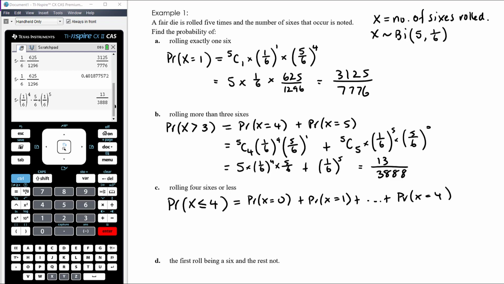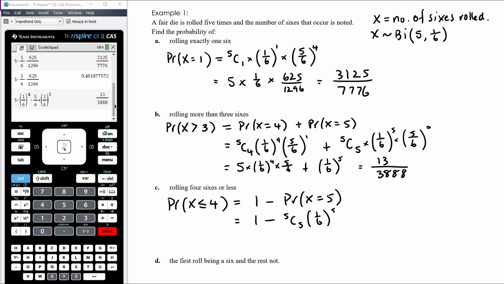So the quicker way to think about this is, if we want to roll 4 or fewer sixes, that's the same as calculating 1 minus the probability that I roll 5 sixes. Okay, so thinking about how you can use the complement to enable you to use a simpler calculation. So it's 1 minus, this would be 5 choose 5, 1/6 to the power of 5, times 5/6 to the power of 0.